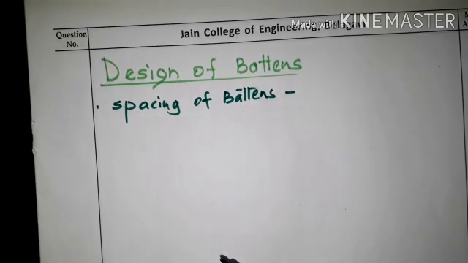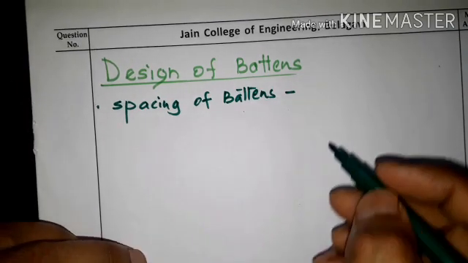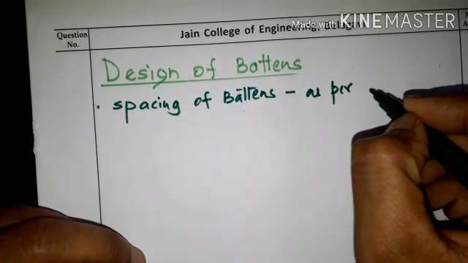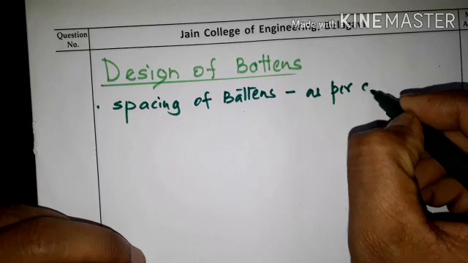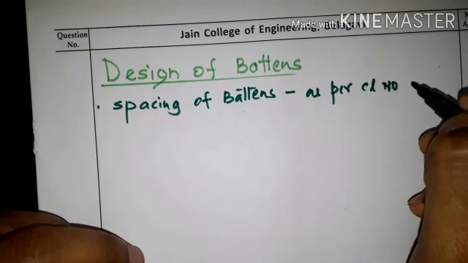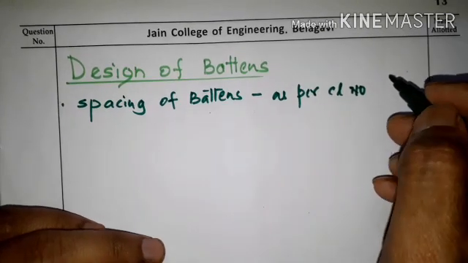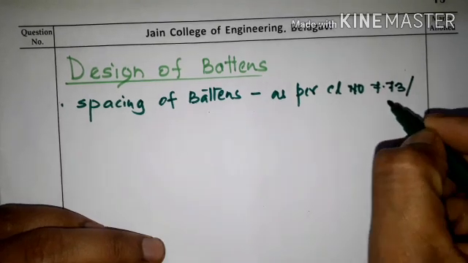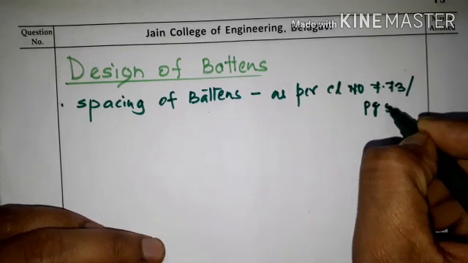First is the spacing of battens, as per clause number 7.7.3, page number 51.